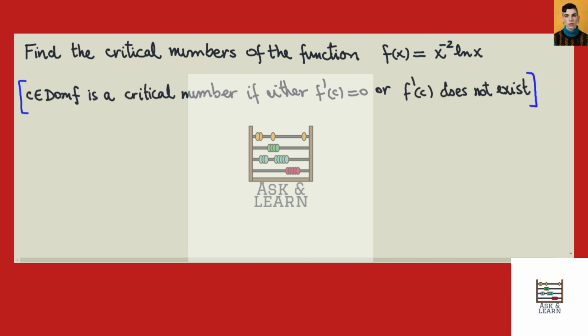We say that a number c in the domain of the function f is a critical number of the function if either the first derivative at that number is 0 or the first derivative at that number does not exist. So this is the definition of critical number, and then we calculate the derivative.